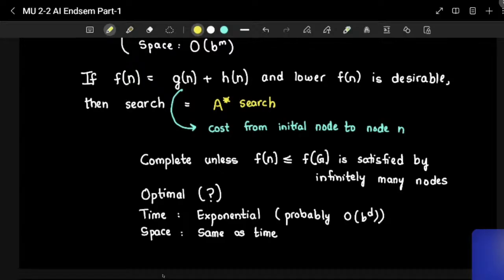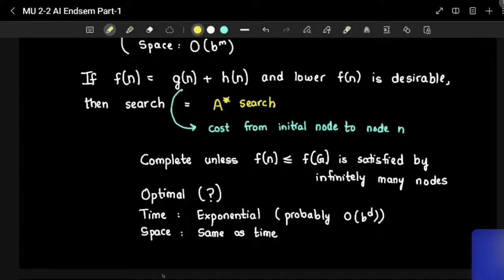So is A star complete? A star is complete unless something happens. Let's say there are many nodes in the search space whose f value is less than the f value of the goal. Because best first search operates in this way, it will keep expanding the nodes whose f value is small.